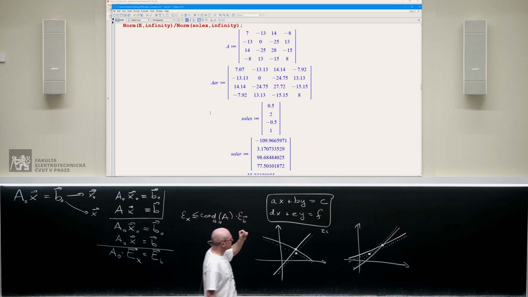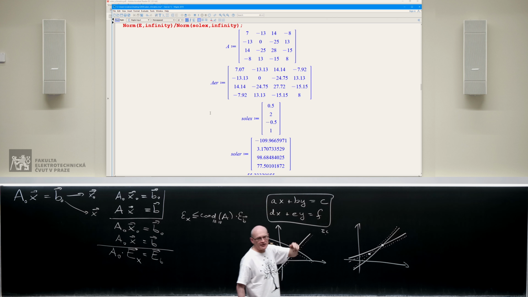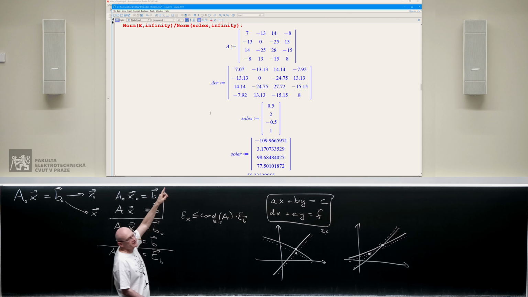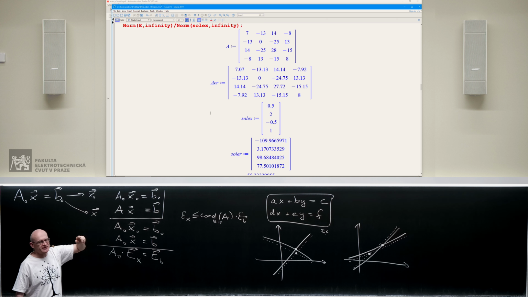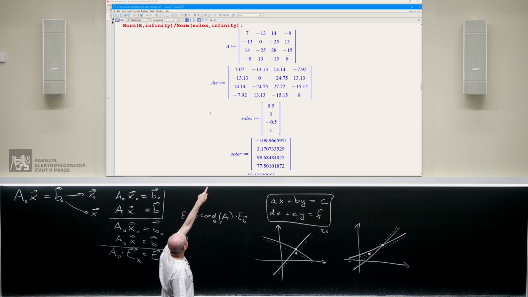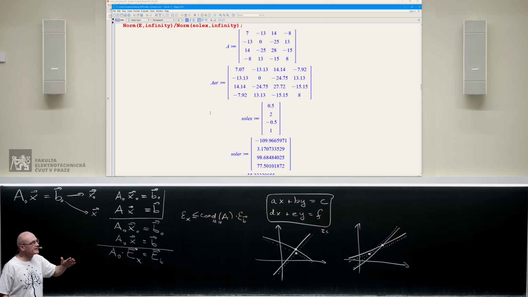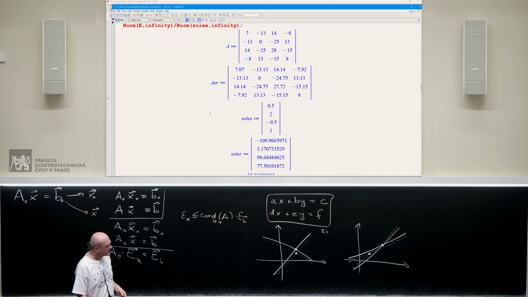So it's exactly this case, just in 4 dimensions. Okay? And that's how I actually cooked up this matrix. I did it intentionally because I wanted something badly conditioned. And the fourth row is almost the same as the first row again. So there's actually two rows which are almost the same as the first one when it comes to direction. And that's why it's badly conditioned.